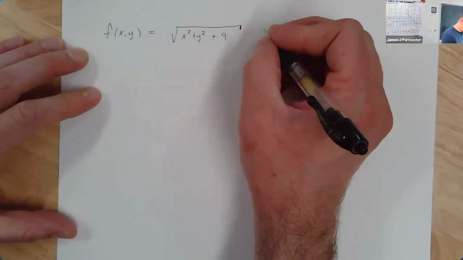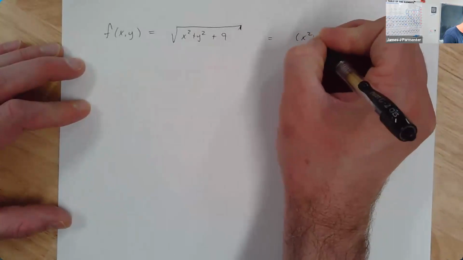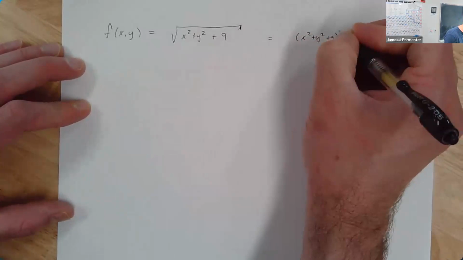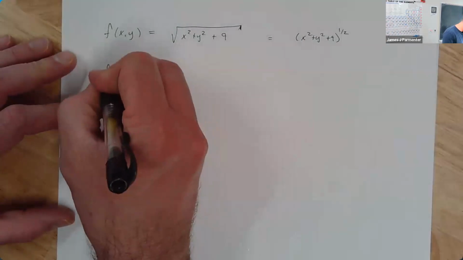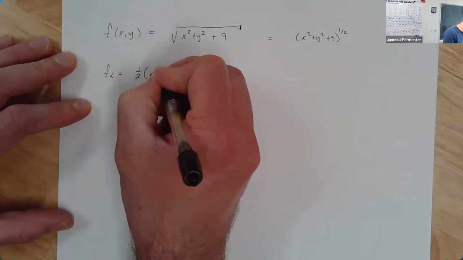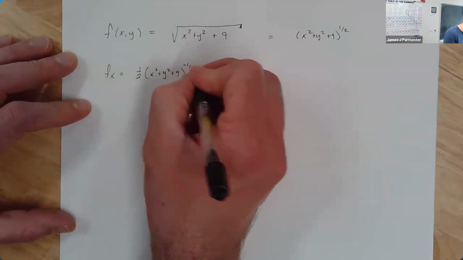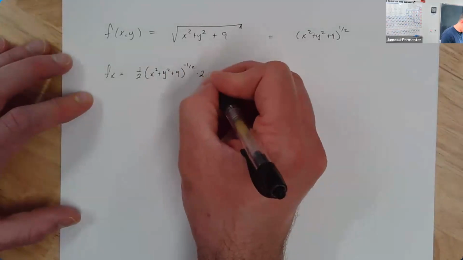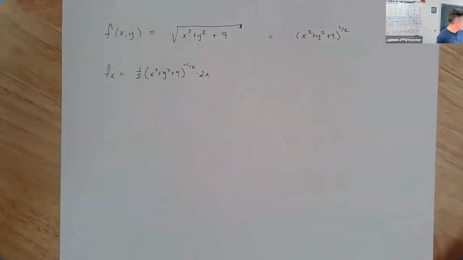First of all, I'm going to rewrite this as (x squared plus y squared plus 9) to the positive 1/2. Then my first partial with respect to x is going to be 1/2 times my stuff to the negative 1/2, all times the derivative of the inside stuff, which is 2x, because we're just differentiating with respect to x.